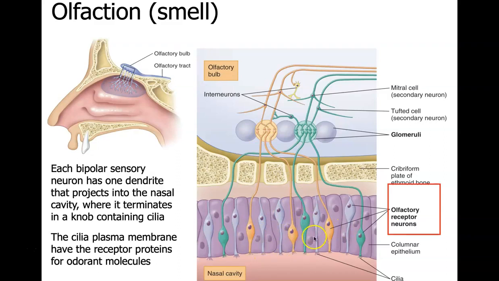Here they are, olfactory receptor neurons synapsing in these glomeruli, and then on interneurons, and finally going back to the brain. You'll notice too that these olfactory receptor neurons have to go through what's called the cribriform plate of the ethmoid bone. You might remember this bone from anatomy, which has little spaces for those neurons to go through.